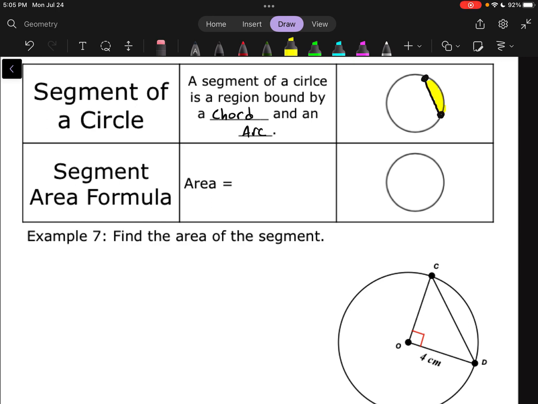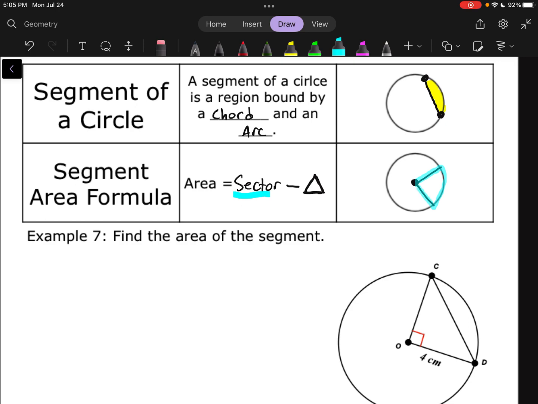All right, now, in order to find that, what we're going to do is we're going to find the area of a sector and subtract the area of the triangle. Now, what do I mean by that? Well, here's what I mean. So first, we will find the area of the sector, right?